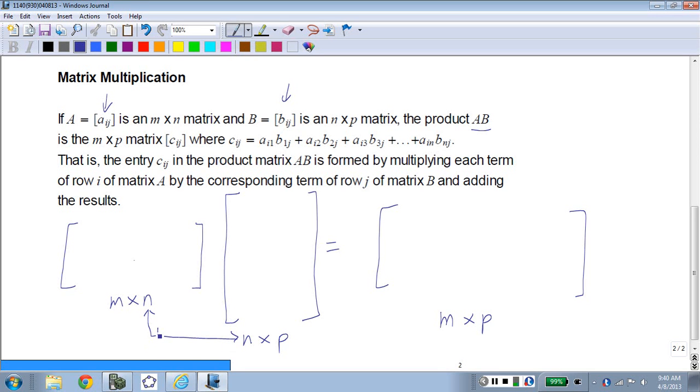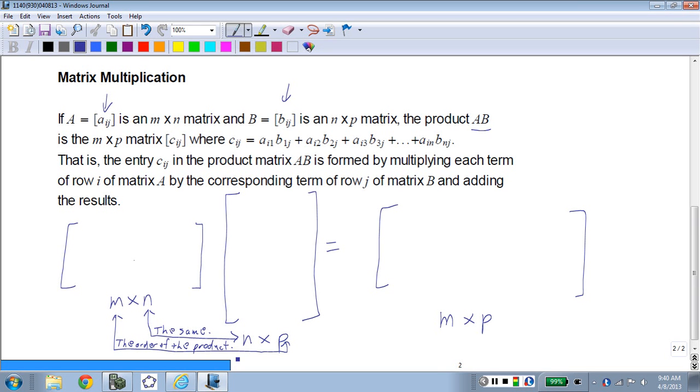They have to be the same. If they are the same, then it's okay. The matrix multiplication will be well defined. And if we're wondering, well, what's going to be the order of the product, well, it's these 2. The product will be an M by P matrix. M rows, P columns.